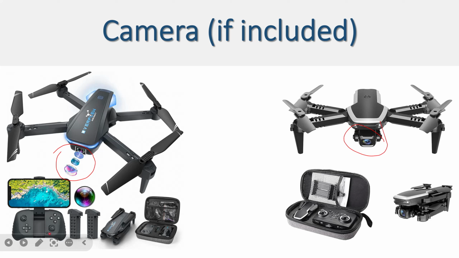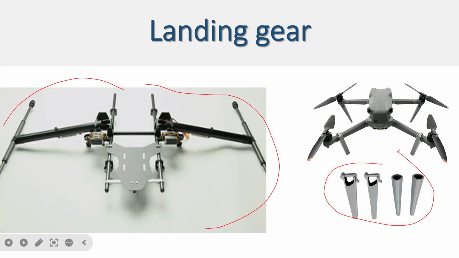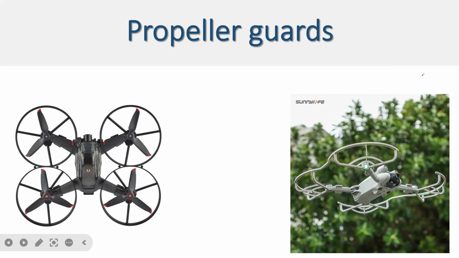This is a camera, for taking pictures of the environment. Landing gears, you may use this or this. Okay, this is a full drone. Propeller guards.